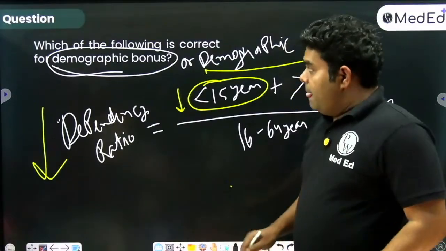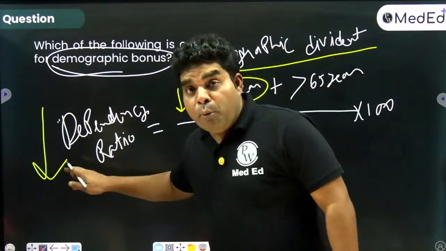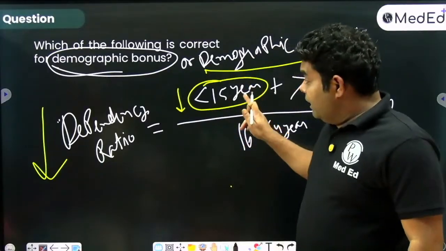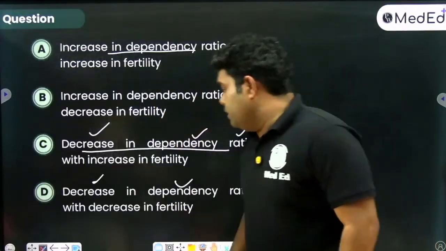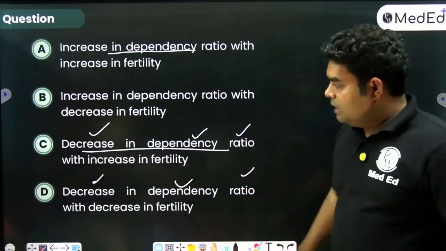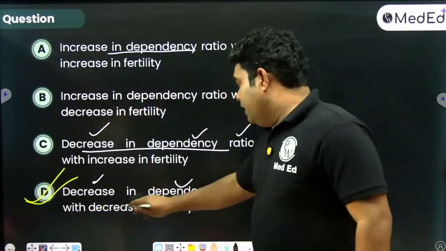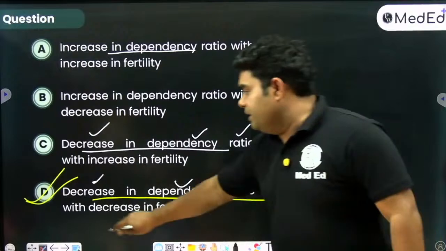So do remember, when they talk about bonus, both should decrease. Fertility rate should also decrease and dependency ratio should also decrease. So what is the correct answer for demographic bonus? Answer D. Decrease in dependency ratio, decrease in fertility.